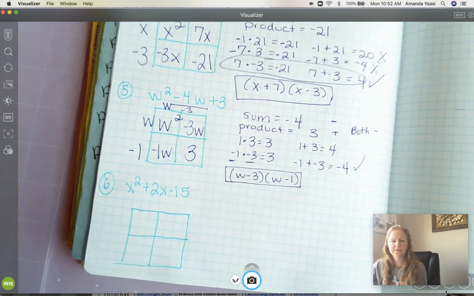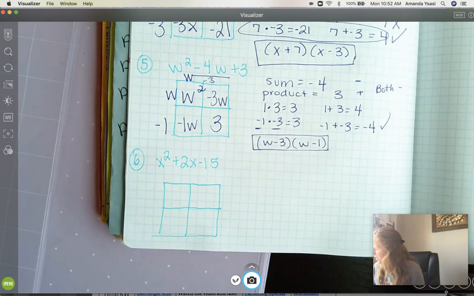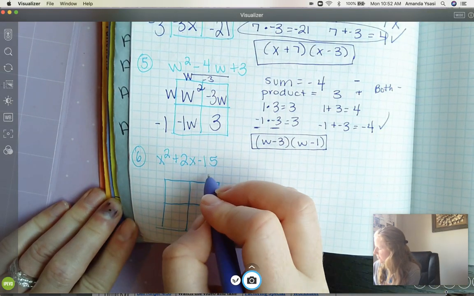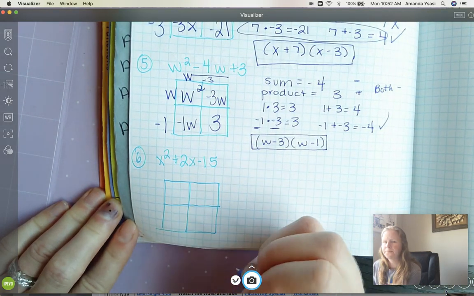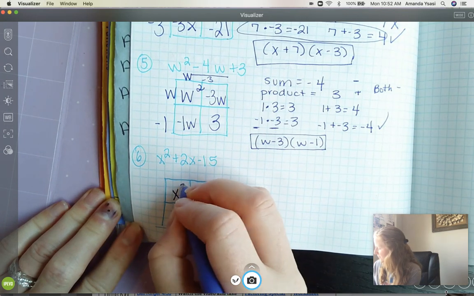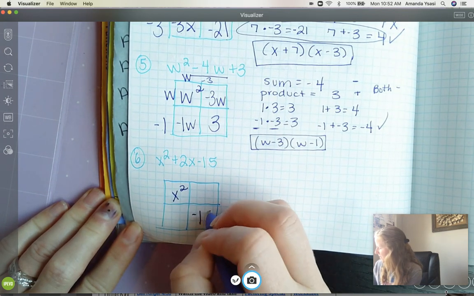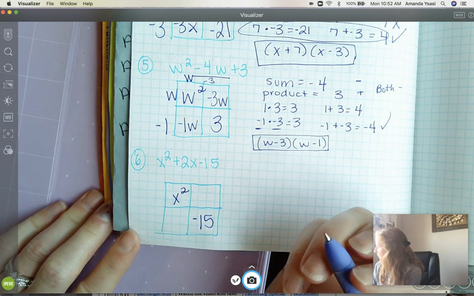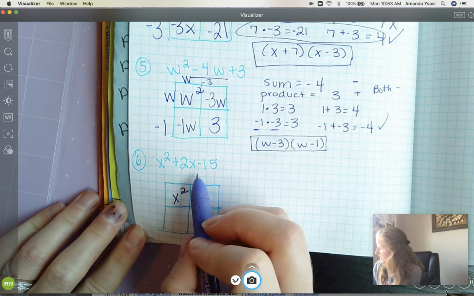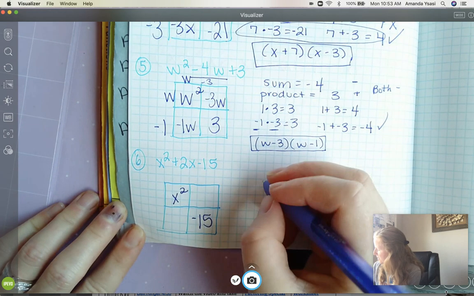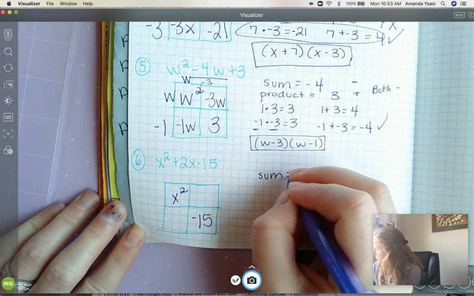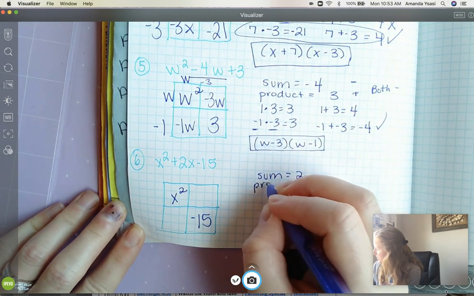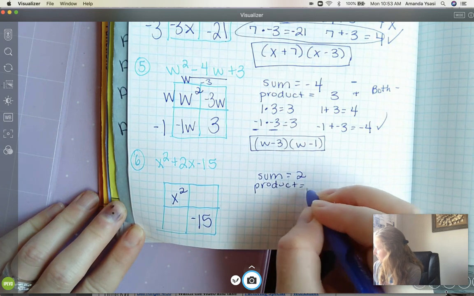All right, almost done. All right, x squared plus 2x minus 15. So you have x squared, and we have a negative 15. And then we have a sum of 2 and a product of negative 15.